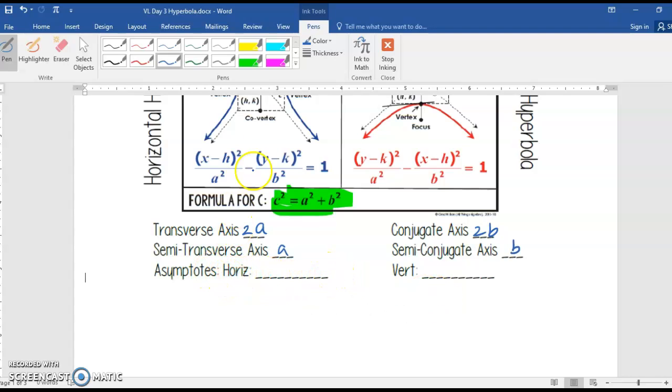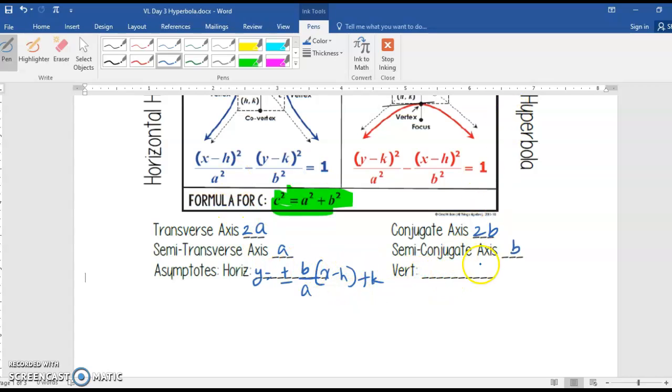For the horizontal hyperbola, this is how you will find it: y equals plus or minus b over a, always the conjugate axis on top, times x minus h, plus k. Please do not put a square here. This is a linear equation because the asymptotes are lines, they are not quadratics. So don't do the square here. Many students do, so don't make that mistake.